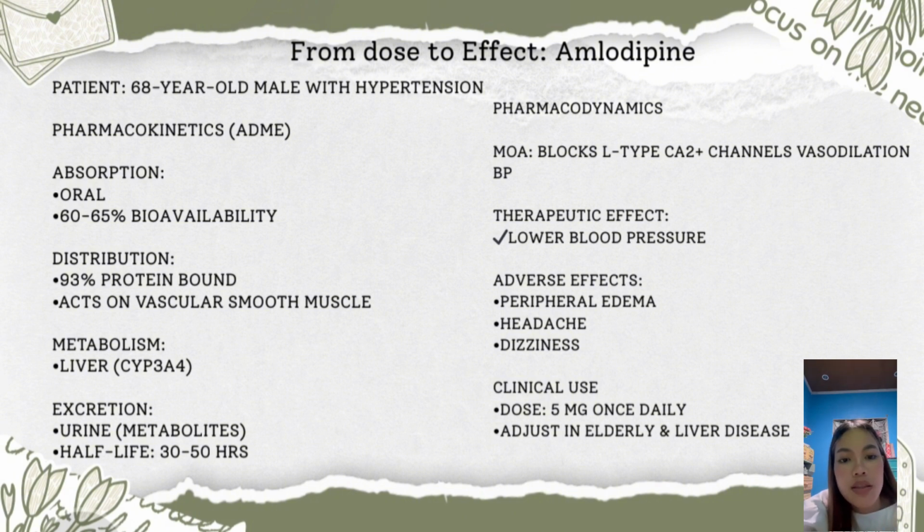And next is the clinical application. For our 68-year-old patient, the recommended starting dose is 5 mg once daily. Because he is elderly, starting at the lower end of dosing is appropriate to prevent excessive hypotension.